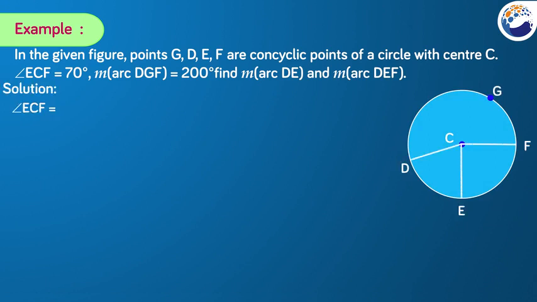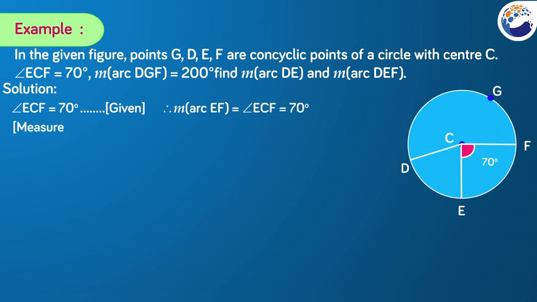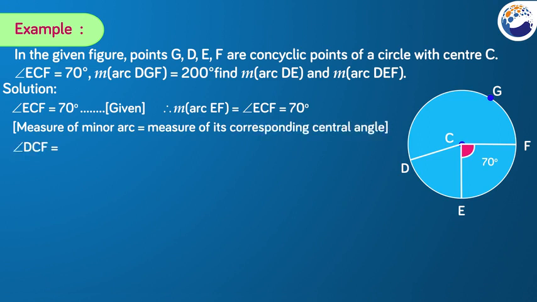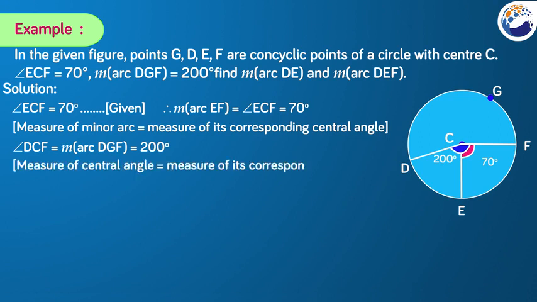Solution. Angle ECF is equal to 70 degrees, given. The measure of arc EF is equal to angle ECF, which is 70 degrees, since the measure of a minor arc is equal to the measure of its corresponding central angle. Angle DCF is equal to the measure of arc DGF, which is 200 degrees, since the measure of a central angle is equal to the measure of its corresponding arc.